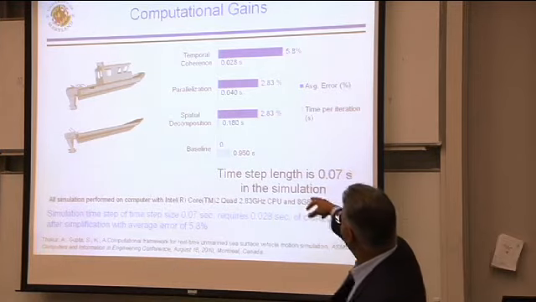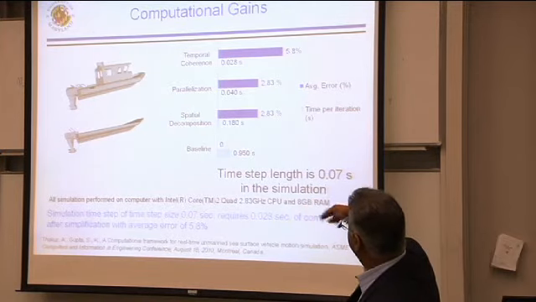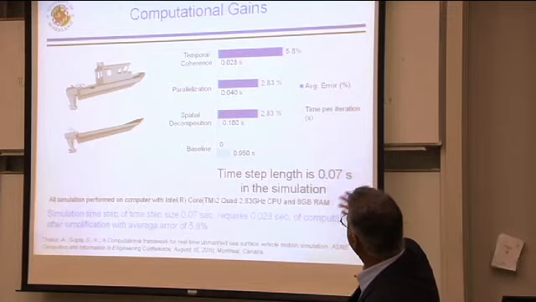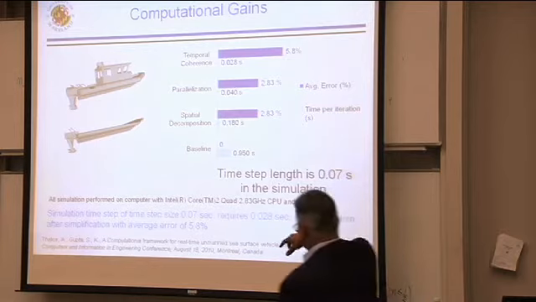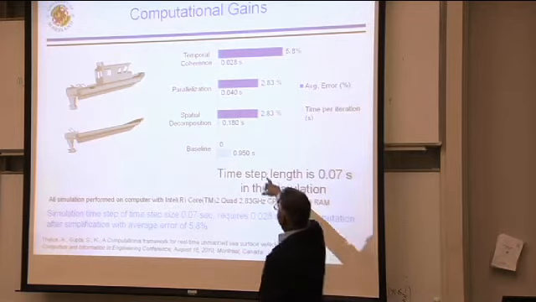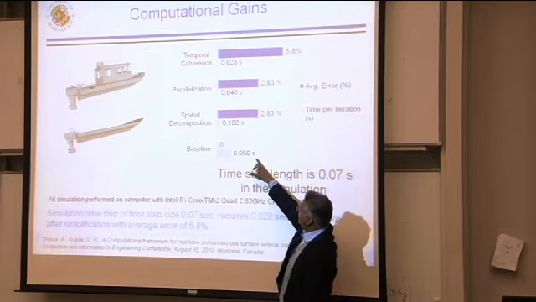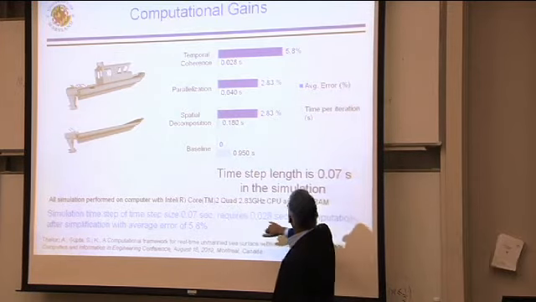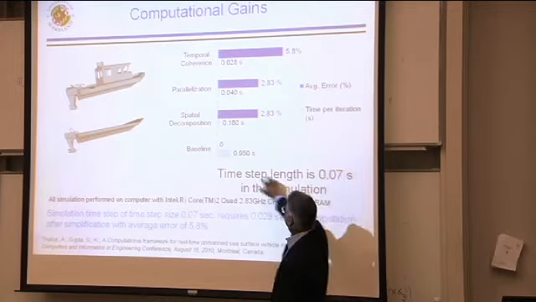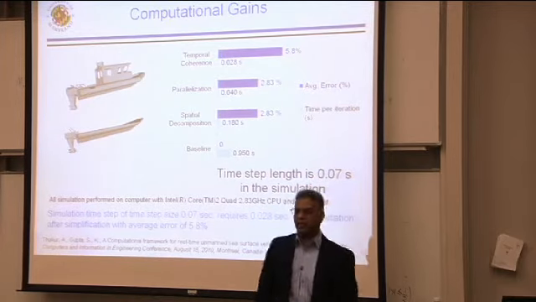This chart just shows you what gains you had. It turns out that we can speed up this thing tremendously. If you started with the baseline where we were not doing any kind of simplification, one time step, which in real time happened to be 0.07 seconds, was taking roughly 1 second to compute.